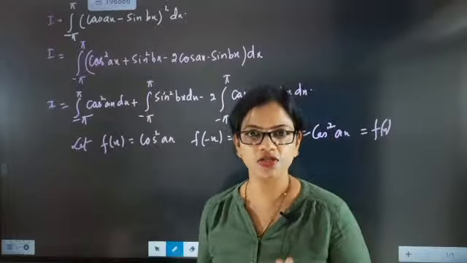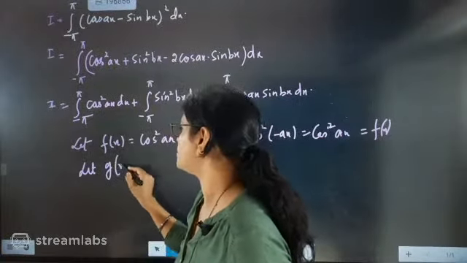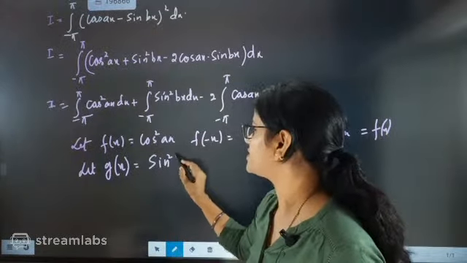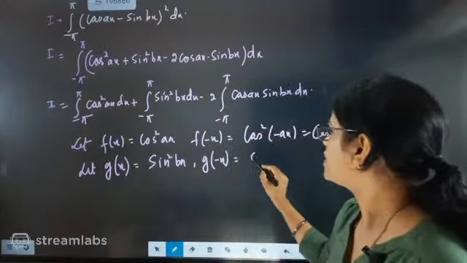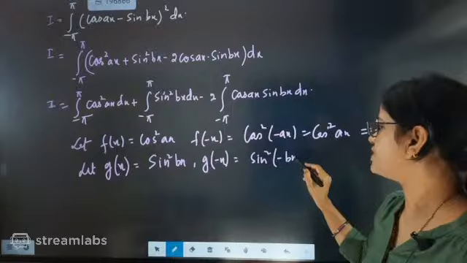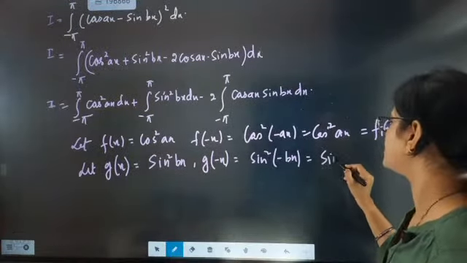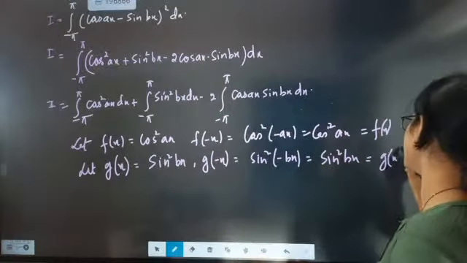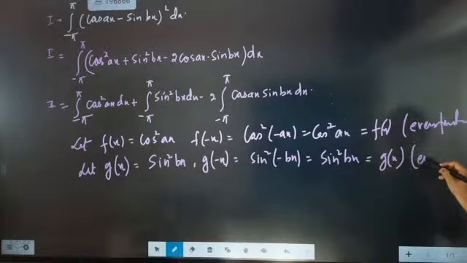Next, let g of x be sin square bx. Then g of minus x is sin square of minus bx, which is again sin square bx, because a negative squared becomes positive, so it is g of x. This one is also an even function.